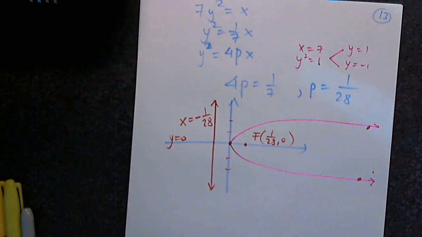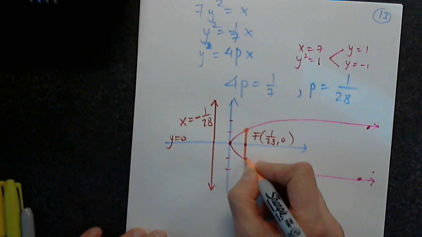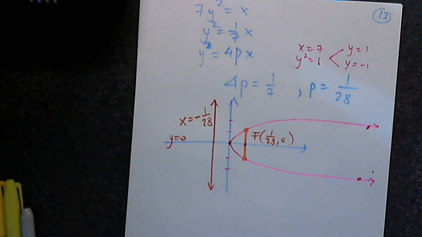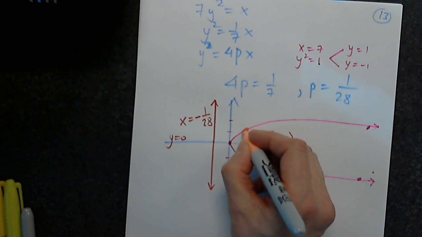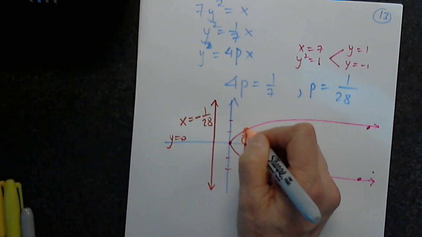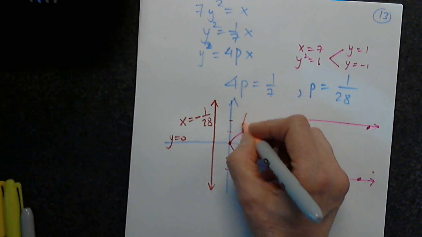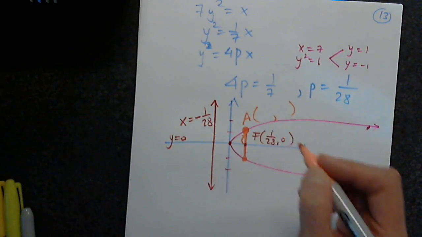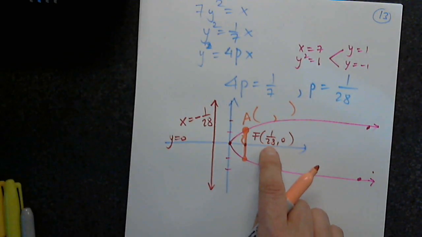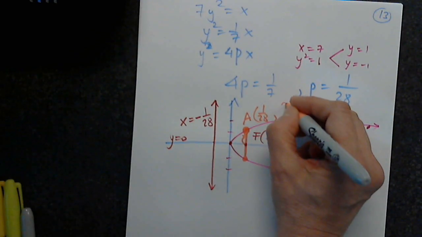Okay, and finally we want to determine the length between this point and this point. If I manage to determine this piece, then I'll multiply it by 2. Can anyone give us any information about this point? This is a point A for sure, right? Comma, when x is 1 over 28, how do I determine this?